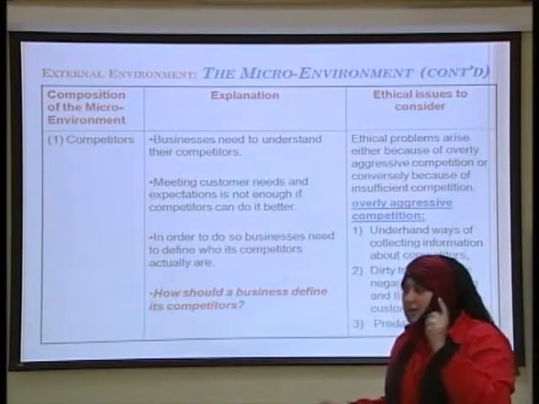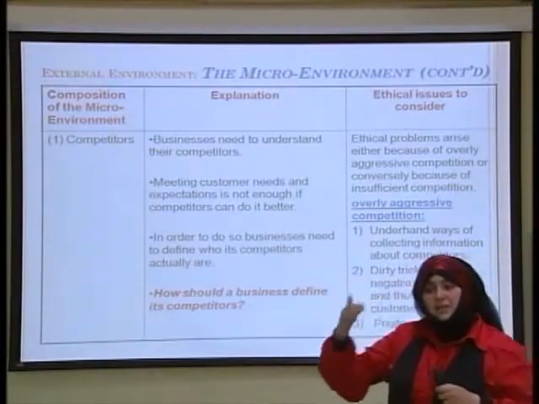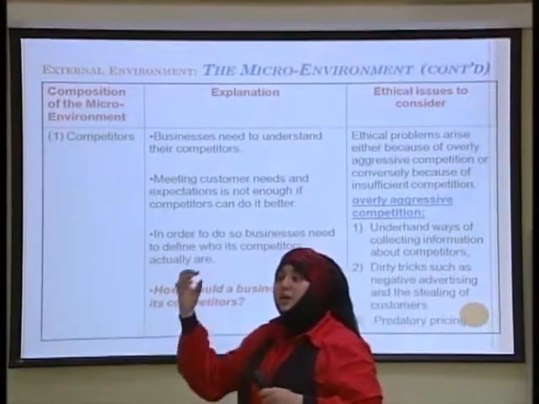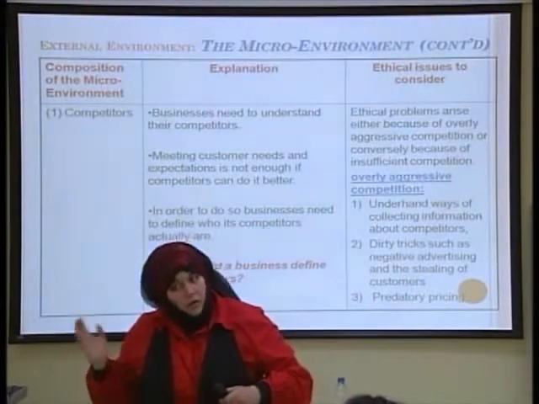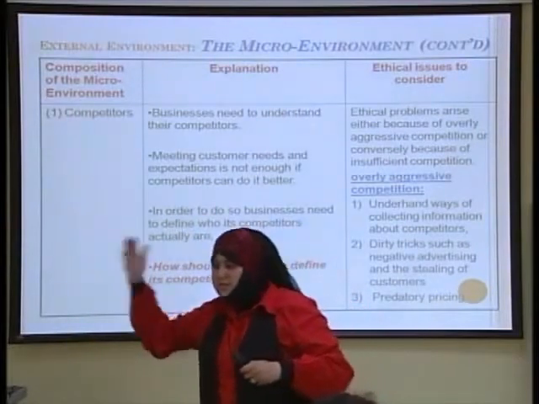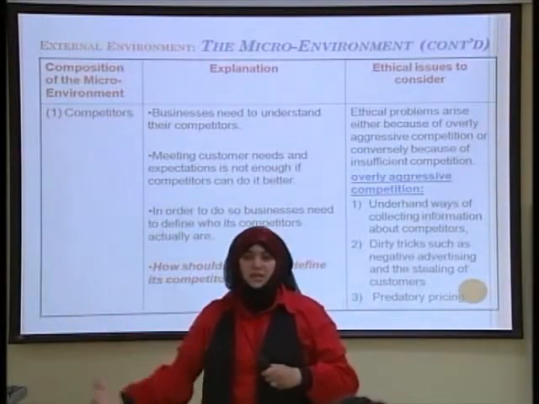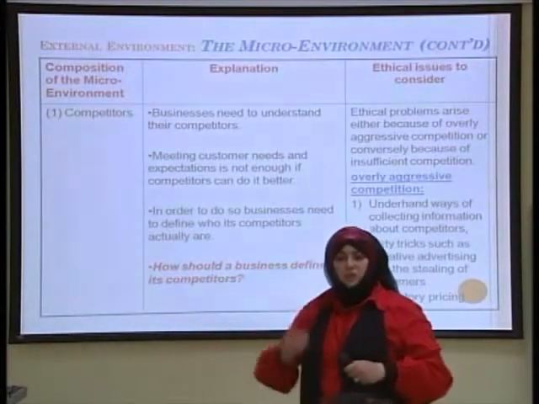Another is dirty tricks, such as negative advertising and the stealing of customers. Negative advertising is when you conduct advertising that aims at damaging the reputation of your competitor. For example, saying that the quality is very bad, it's an unhealthy product or whatever. So you are trying to damage the reputation.